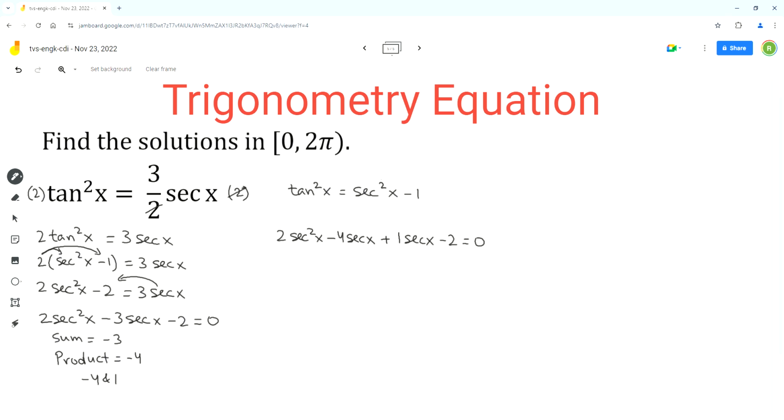Now we can use the grouping method. We can pair up the first two terms and the last two terms. We can do common factoring from each pair. From the first pair, we can factor out 2 secant x. From the second pair, we can factor out plus 1.